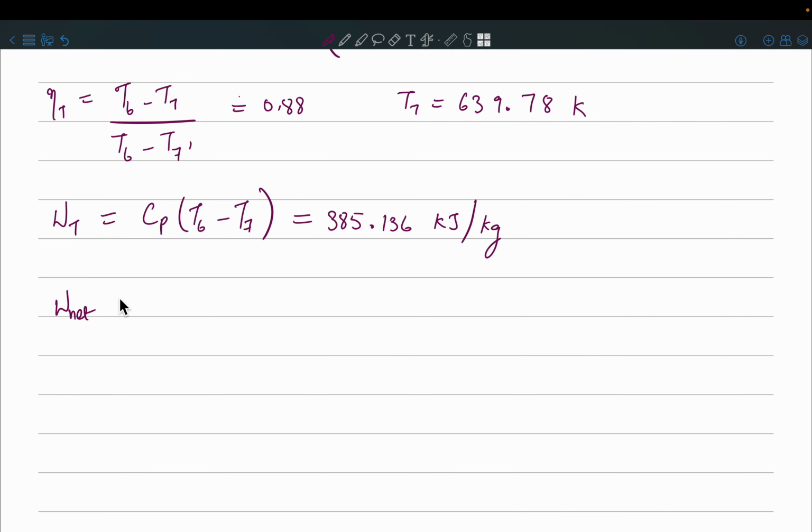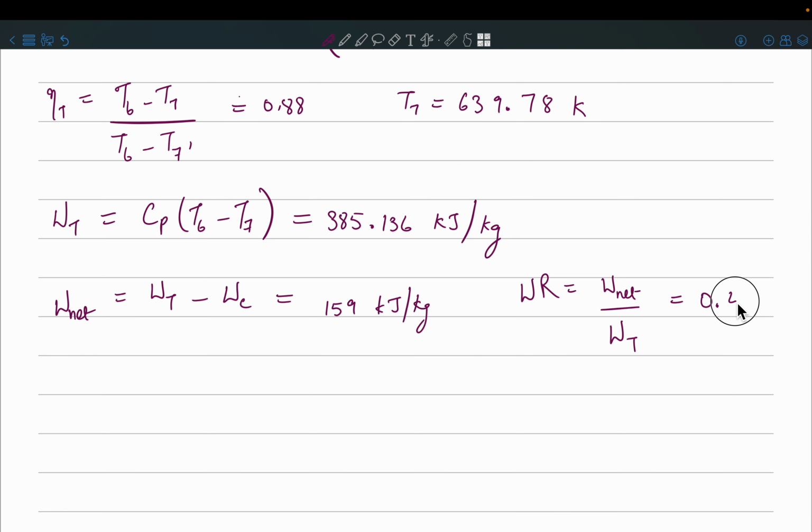The net work is equal to work done by the turbine minus work taken by the compressor, and this is equal to 159 kilojoule per kg, and the work ratio can also be found. So the work ratio is equal to the net work by the work done by the turbine, and this is equal to 0.4.